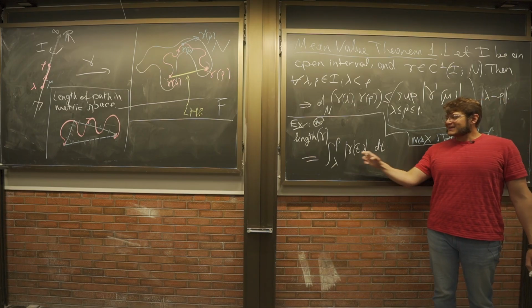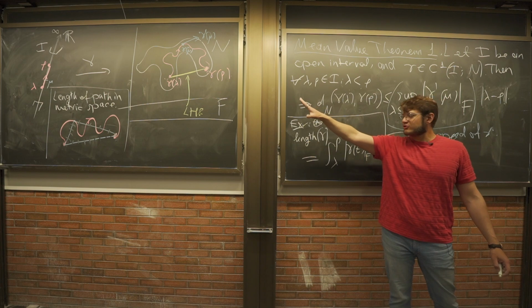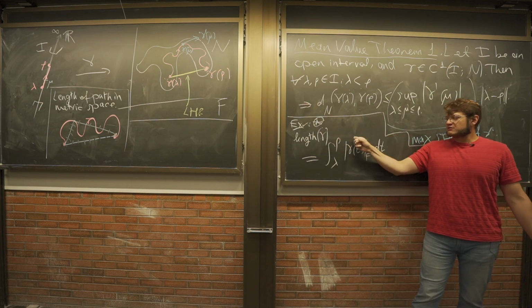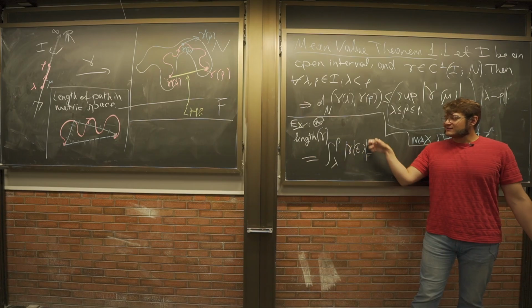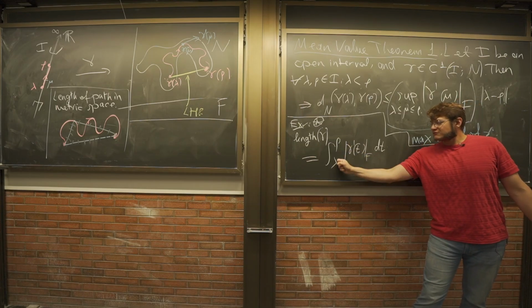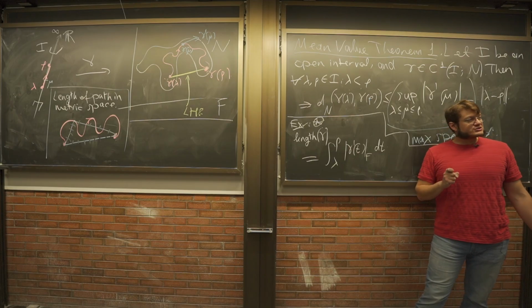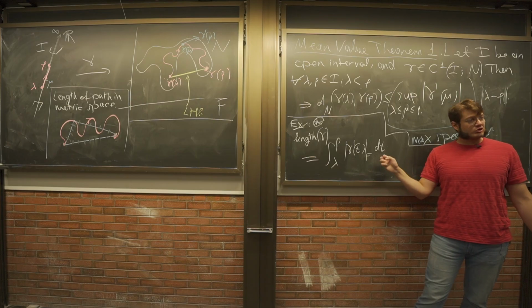Note that even though gamma takes values in this possibly abstract norm space, I'm going to take its derivative, so it's a vector now, then I'm going to take its norm. So what you're integrating is a real valued function on an interval. So this expression is completely within the realm of 3210. So you know what this integral means.